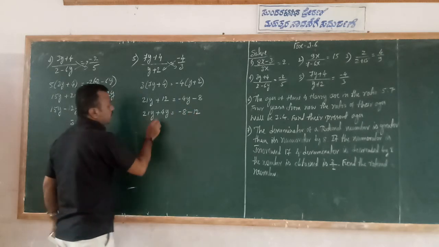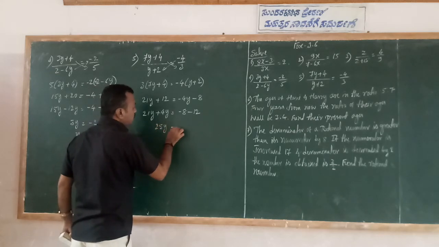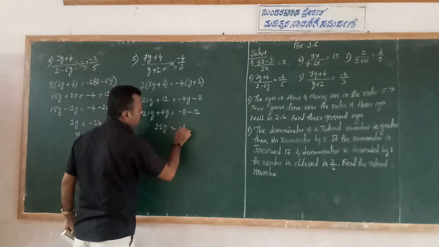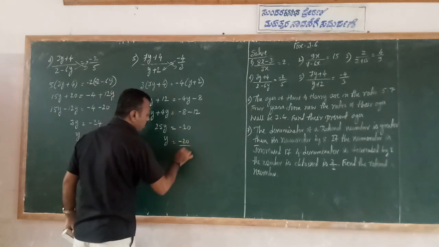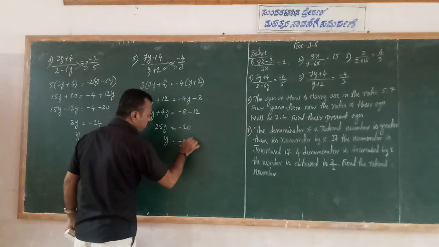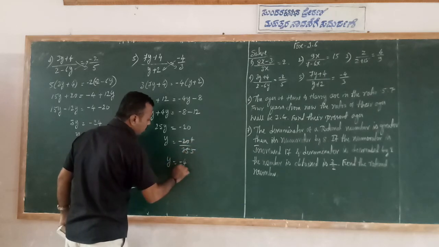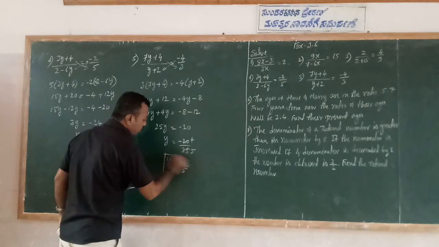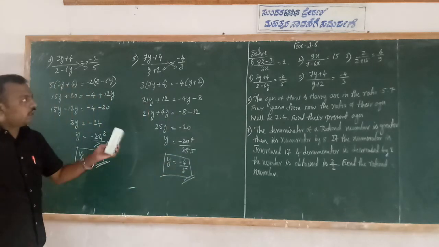So 21 plus 4 is 25y, equal to minus 8 minus 12, it becomes minus 20. Therefore y is equal to minus 20 whole upon 25. 5 4s are 20, 5 5s are 25, therefore y is equal to minus 4 by 5. Understood? So like this we have to solve these problems.